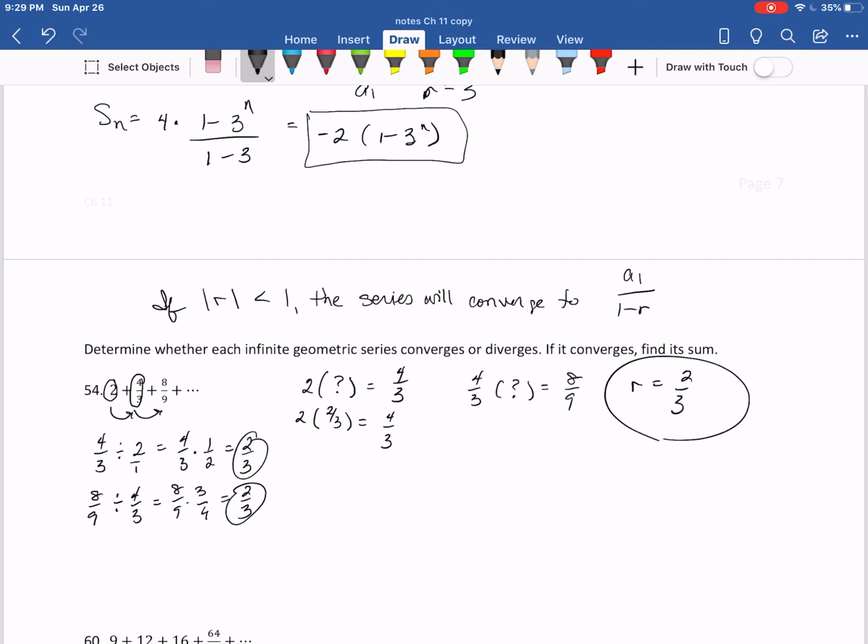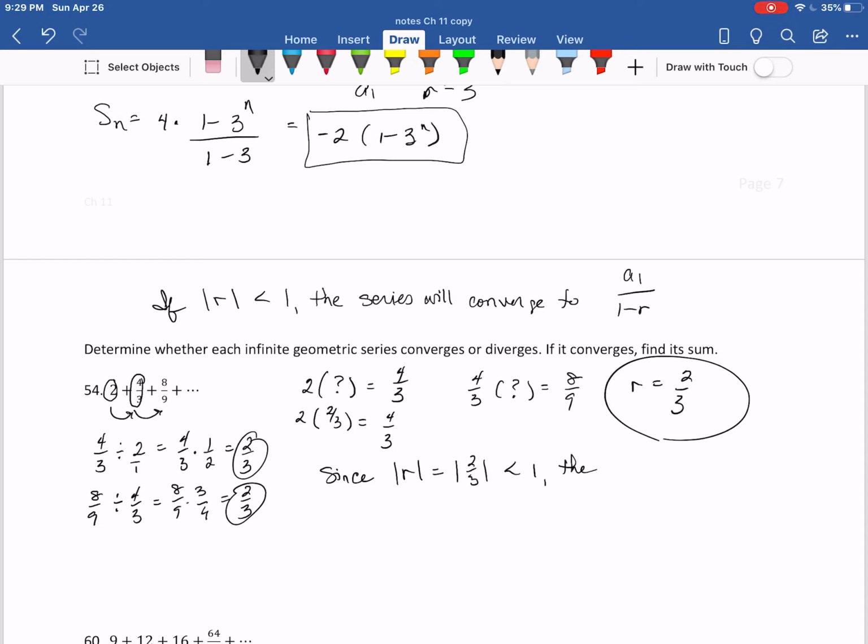All right, now is your geometric series going to converge or diverge? Well, this is what you write out for me: since the absolute value of r equals the absolute value of 2/3, and that is less than 1, the series will diverge. Sorry, not diverge, it'll converge.